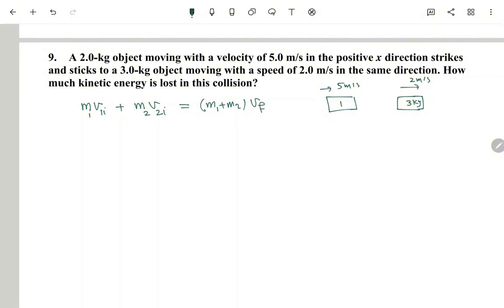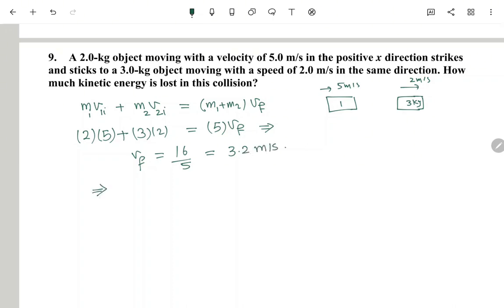No need here to name it 1 or 2 because it's the same speed for both objects when they stick together. Now you substitute the numbers. 2 times 5 plus 3 times 2 equals the masses, 2 plus 3, which is 5, times v final. After all, v final will be equal to 16 over 5, or 3.2 meters per second.